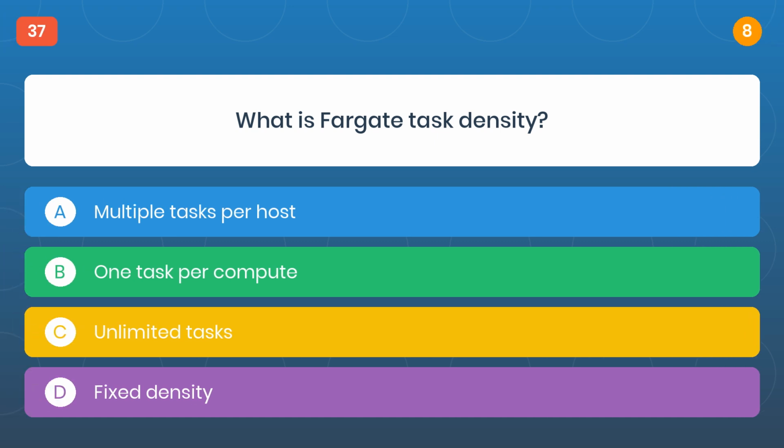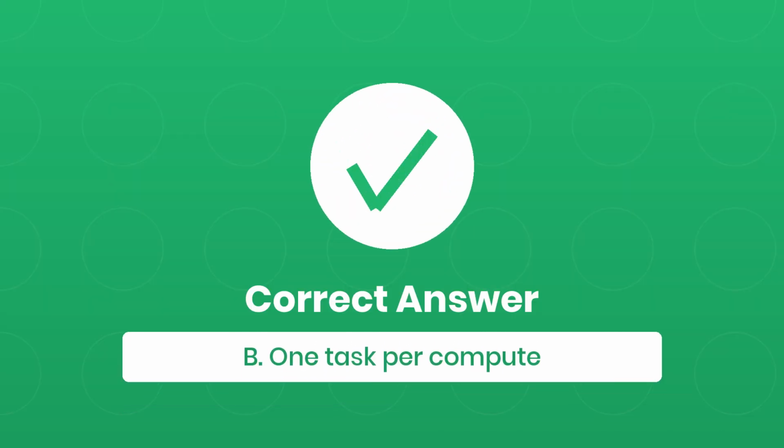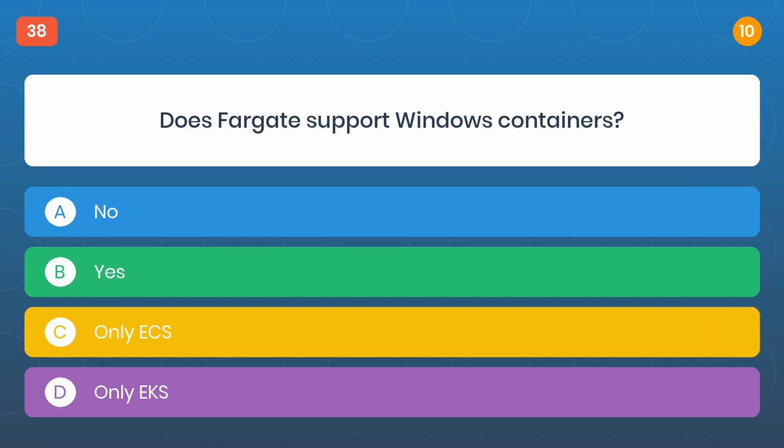Question 37. What is Fargate task density? The correct answer is B, 1 task per compute. Question 38. Does Fargate support Windows containers?